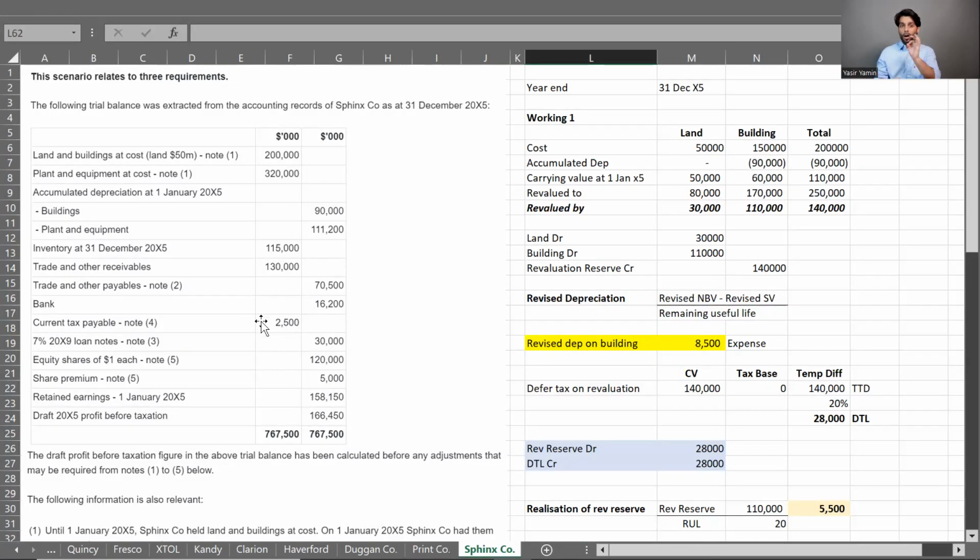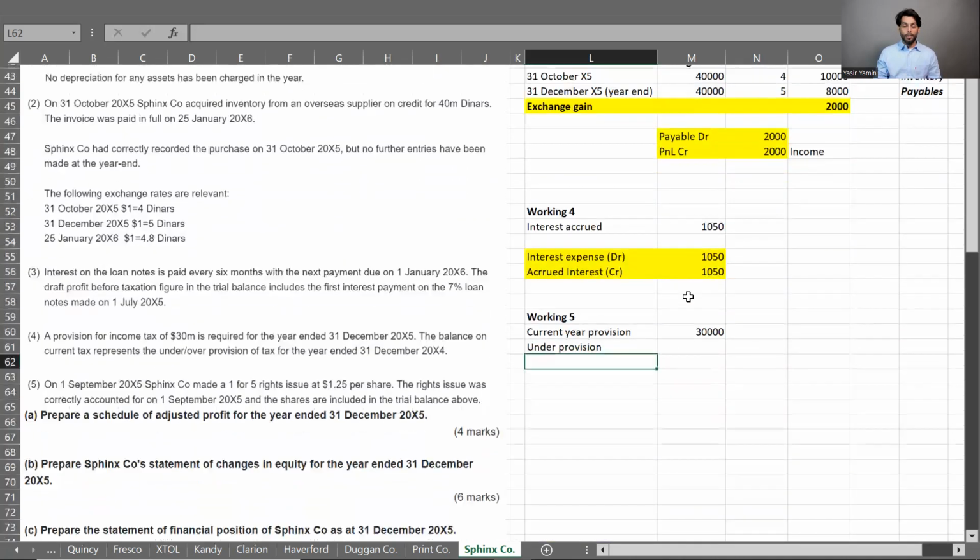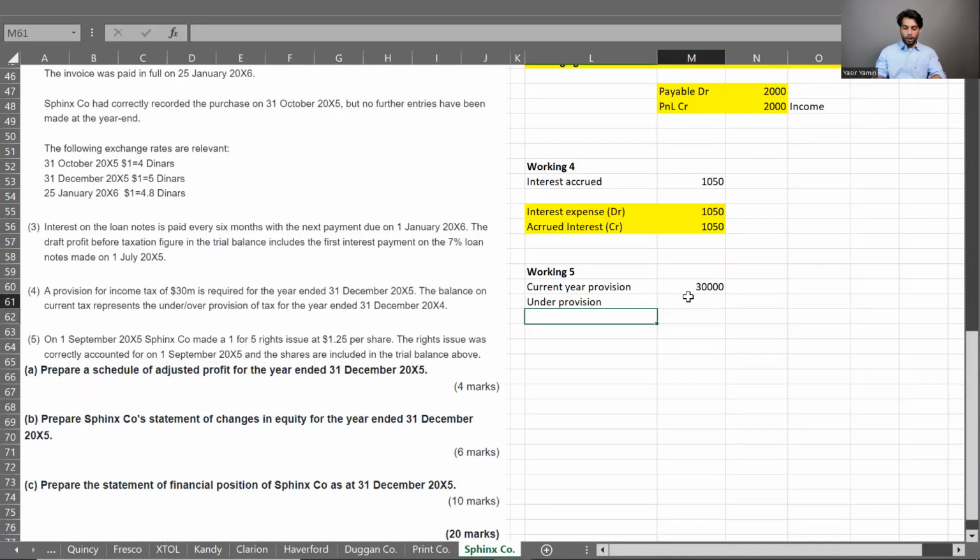Now, under provision always becomes an expense. So for this year, you have a 30,000 expense, and for the last year, you have a 2,500 expense. What should be my total tax expense for P&L? It should be 30,000 plus 2,500.